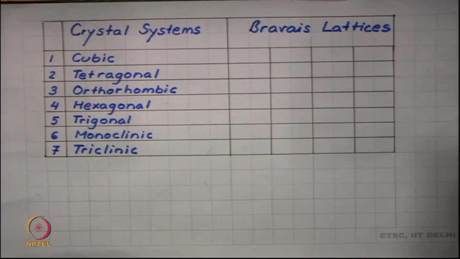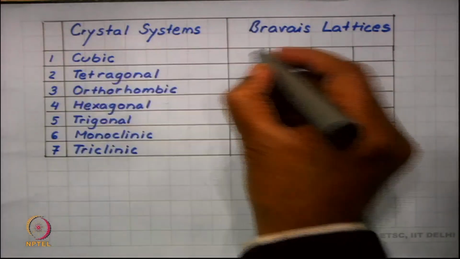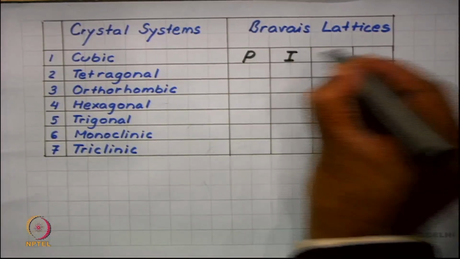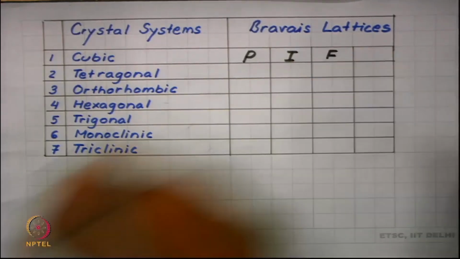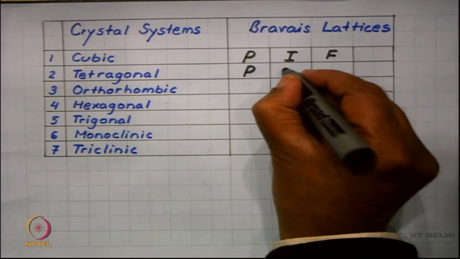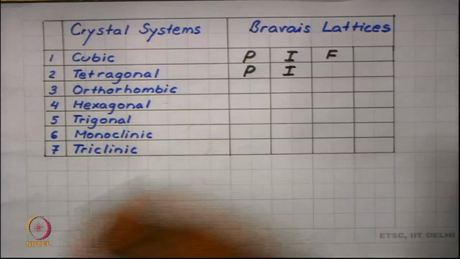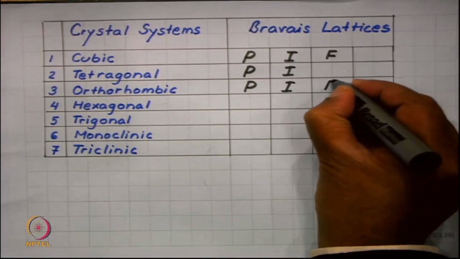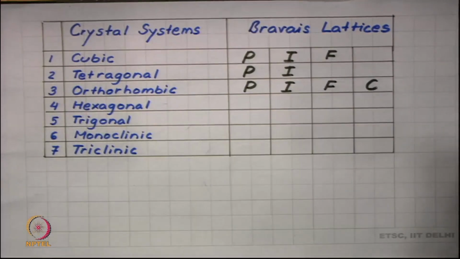So, let us again look at the complete list of Bravais lattices which we had. So, we were having cubic P, cubic I and cubic F. We had tetragonal P and tetragonal I. We had orthorhombic P, orthorhombic I, orthorhombic F and orthorhombic C. So, orthorhombic is quite rich, it has all the 4 varieties.